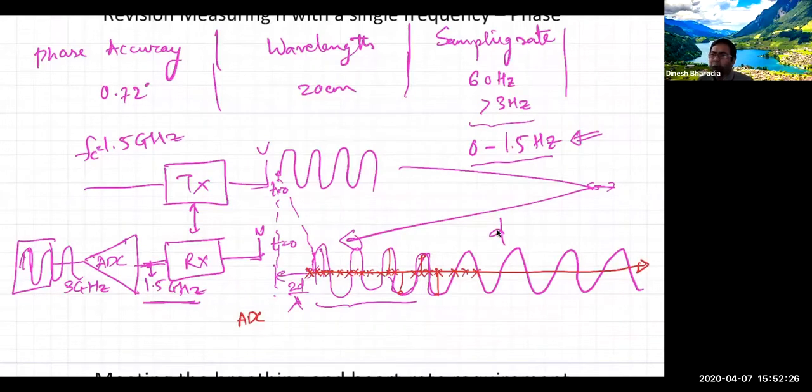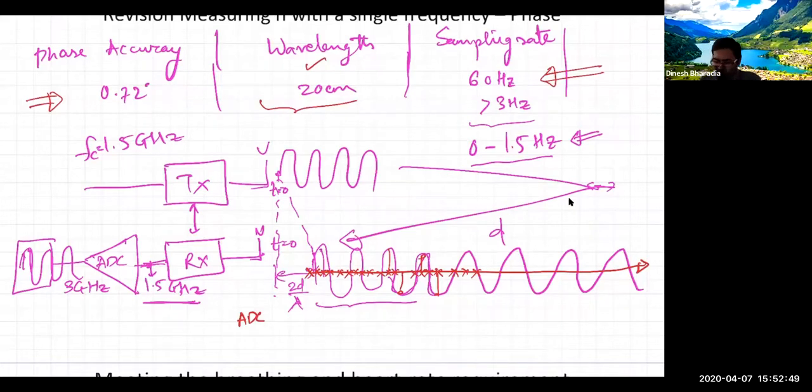Now here comes a question. Okay, Dinesh, you told us about this wavelength you have followed. The sample rate, how does this get implied and implemented here, and how does this accuracy come into play? Can anyone take a guess on this? How to go about doing this?